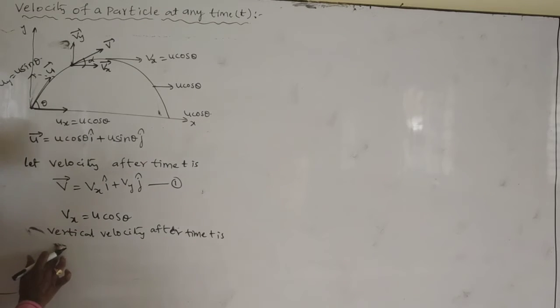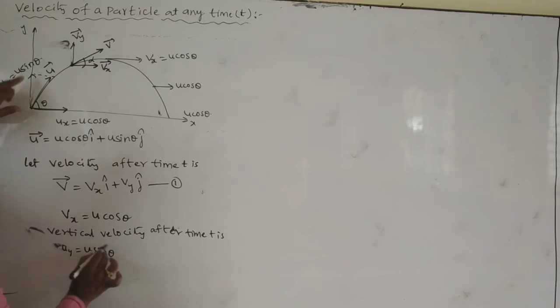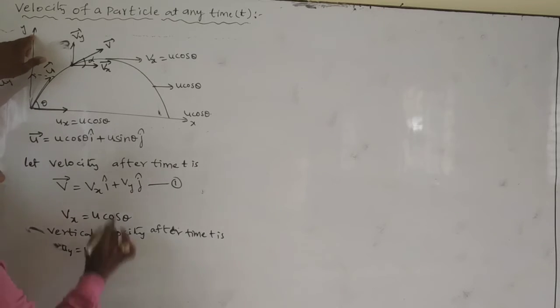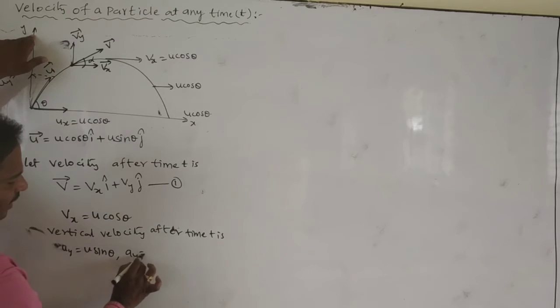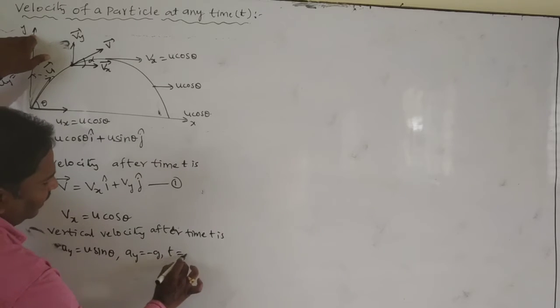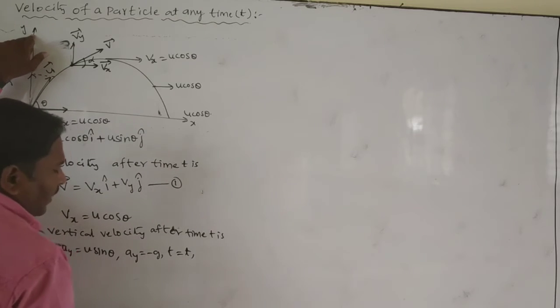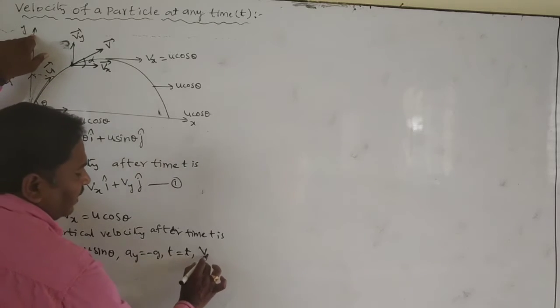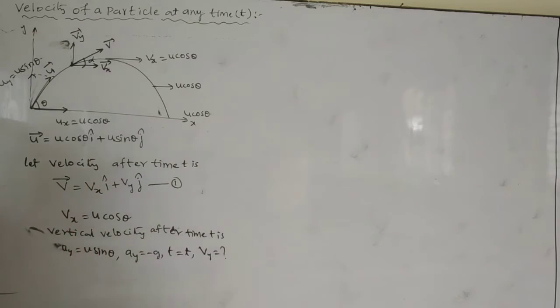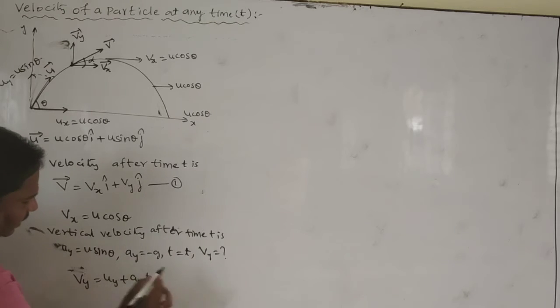What is the initial velocity? uy is equal to u sin theta in the vertical direction, going upward. Acceleration is equal to minus g, time t, and we have to find the final velocity vy. So we write vy equal to uy plus ay into t.